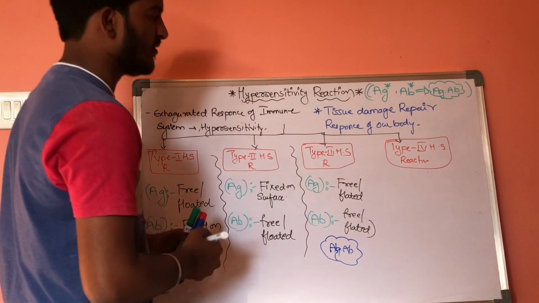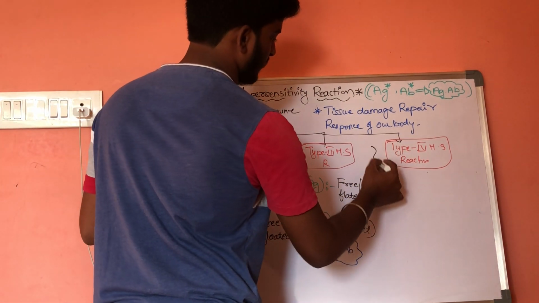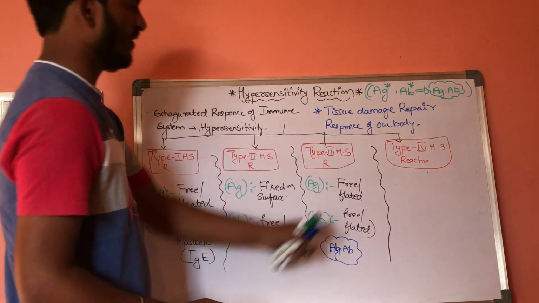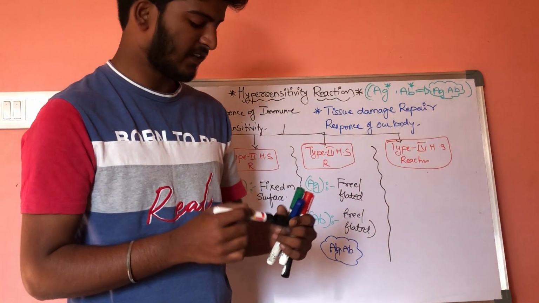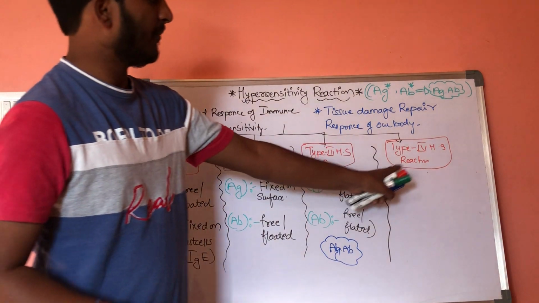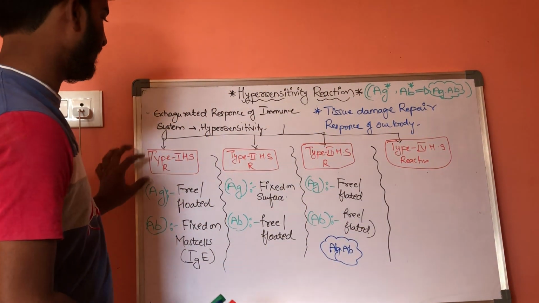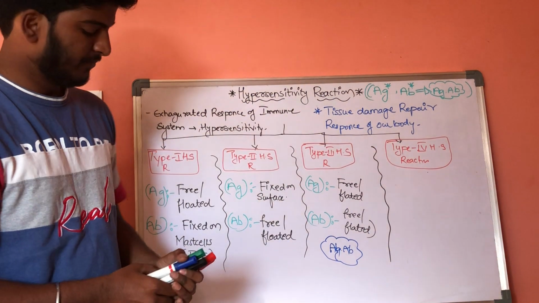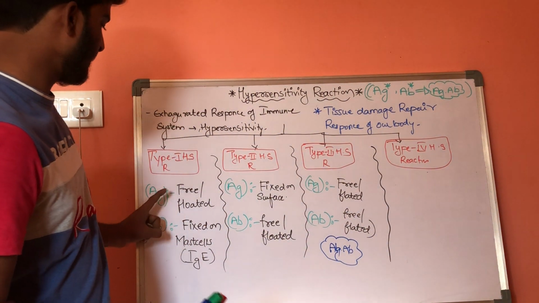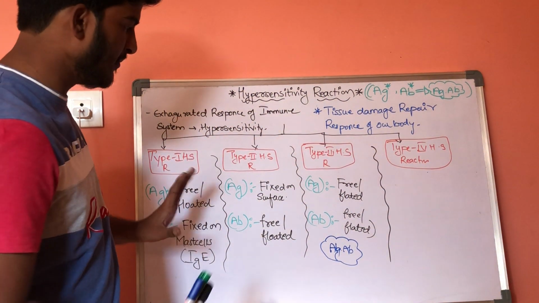Now, the last one, type 4 hypersensitivity reactions. It is completely different from type 1, type 2, and type 3, which are mediated by antigen and antibody, that is, the immune response of our body.